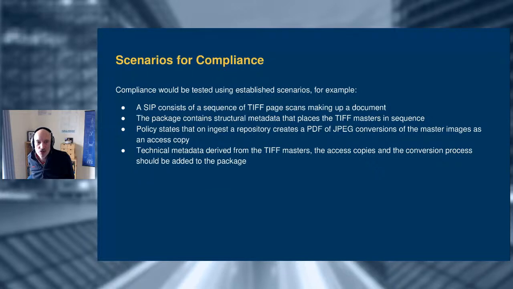And that SIP also contains enough structural metadata that places those TIFF masters in the sequence and provides descriptive metadata, etc. But the policy states that on ingest, the repository creates a PDF of the JPEG conversions of the master images and provides that as an access copy, and also specifies the technical metadata that should be derived from the TIFF masters, any technical metadata that should be generated for the access copies, and the recording of the conversion process as well.